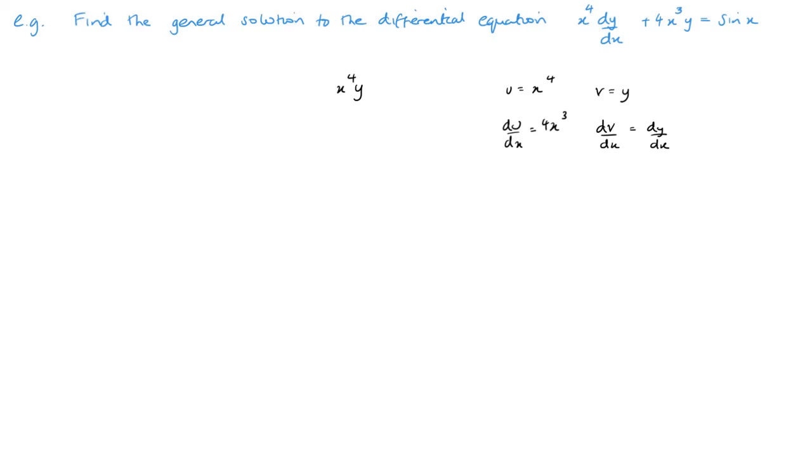Differentiating, the derivative would be u dv by dx plus v du by dx.